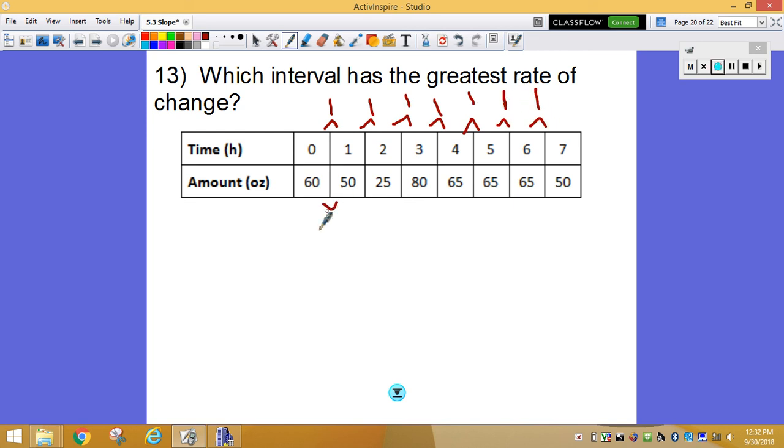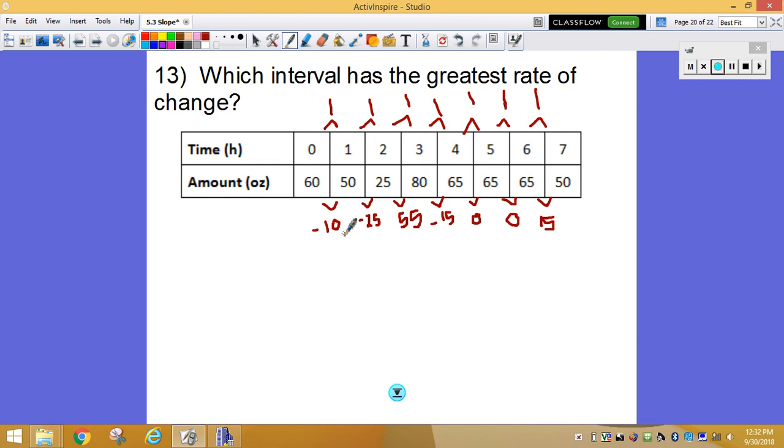Okay, let's do these. 60 to 50, we went down 10. 50 to 25, we went down 25. 25 to 80, we went up 55. 80 to 65, we went down 15. 65 to 65, we didn't change any. 65 to 65, we didn't change any. 65 to 50, we went up 15.